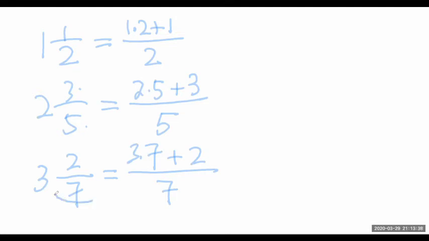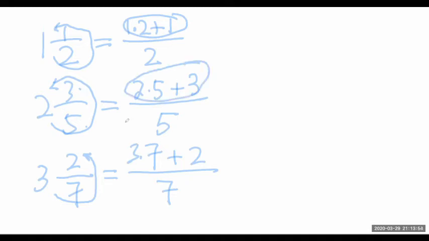Have you heard of something called around the world? That's what around the world means. 1 times 2 plus 1, that's 3. 2 times 5 plus 3, that's the top, and 3 times 7 plus 2.